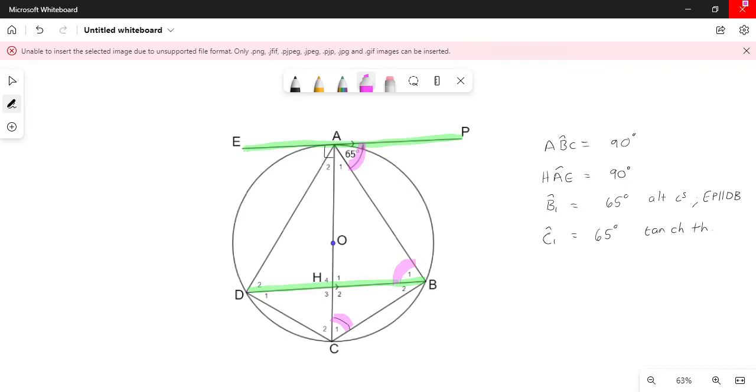Why is C2 also 65? Isn't it the same reason like that? Same segment. Angles in the same circle segment. Okay? Find me another one.